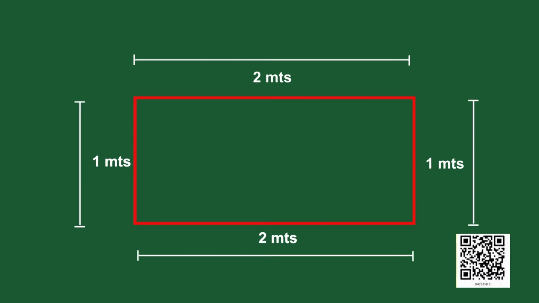Then, what will be the total length of the boundary? It will be 2 plus 1 plus 2 plus 1, which is equal to 6 meters. The length of the wire required for fencing is 6 meters. We can say that the length of the boundary is 6 meters.